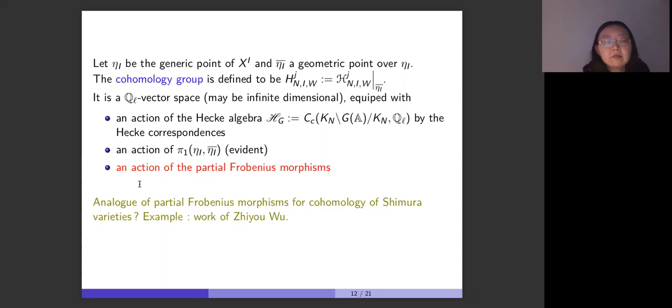And what is special is that we have partial Frobenius morphisms here. For the analog of partial Frobenius morphisms for the cohomology of Shimura varieties, there is Ziyu Wu who worked on this. So if you are interested, you can look at his work.